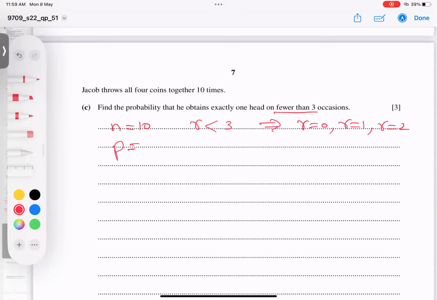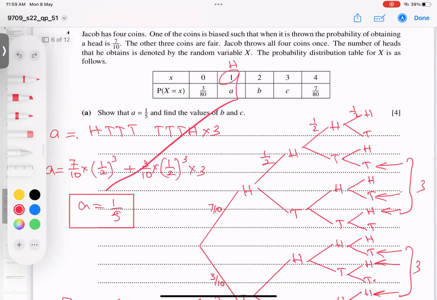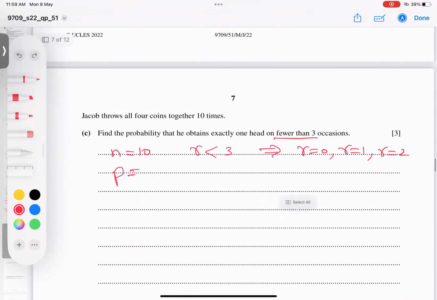But thing is that what is P? P is the favor of success. He talks about exactly one head. What is the answer? Exactly one head is 0.105, 1/5, or you can say 0.2. Okay, I'm writing 1/5. And Q is naturally 1 minus 1/5.